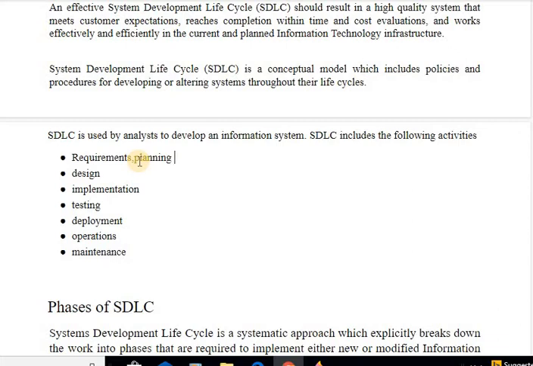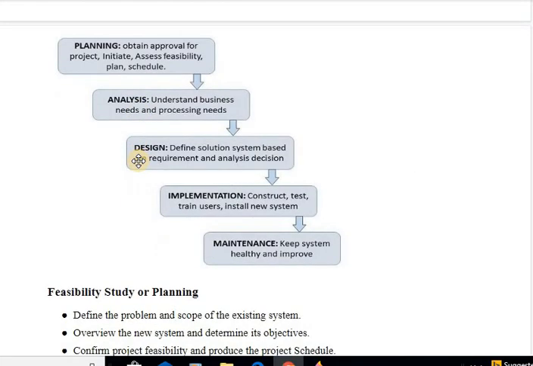And if we create any system strategically, by following some proper steps of execution, then we definitely get a productive or very useful system out of it. So the first phase is planning, in which we obtain the approval for the project, initiate the requirement feasibility or requirement elicitation, and then assess the feasibility, plan and schedule.